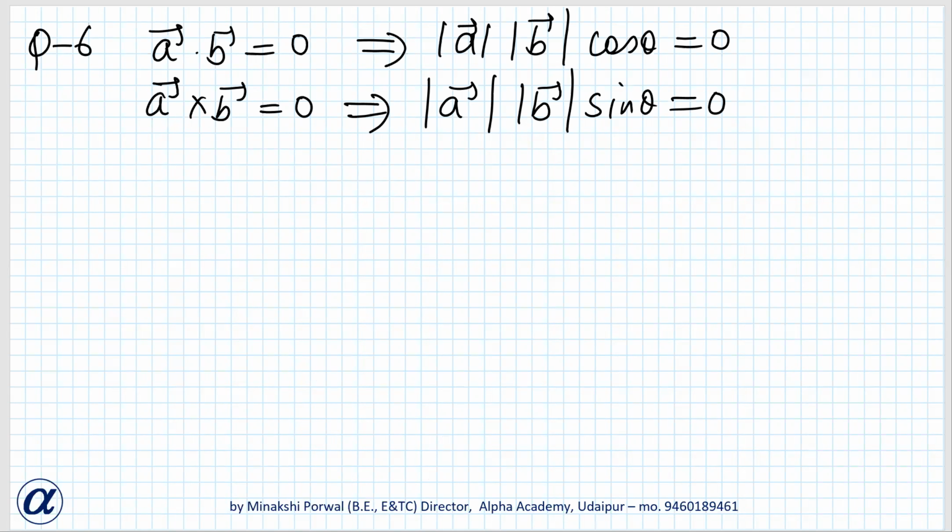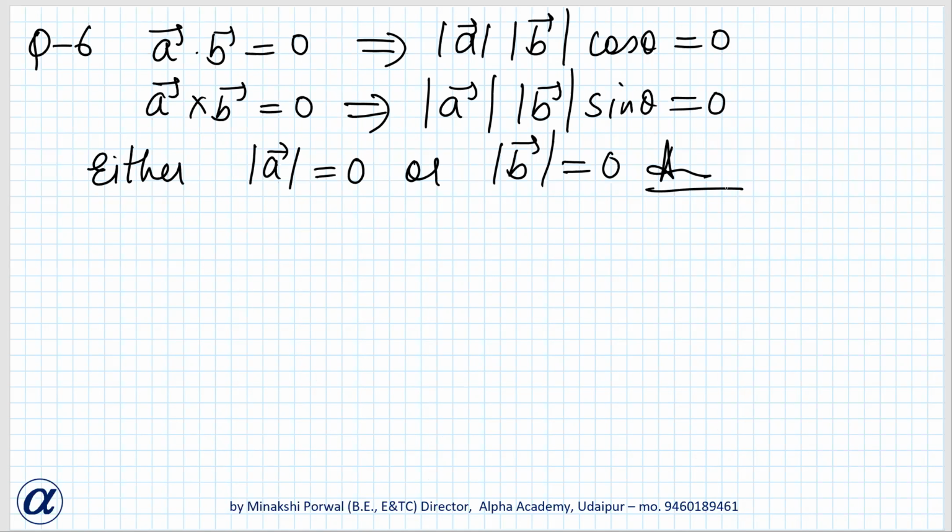That means theta cannot be responsible for this 0 value, because no common value of theta will make both of these 0. So either A is 0 or B is 0. So we can say either mod of A is 0 or B is 0. This is the answer.